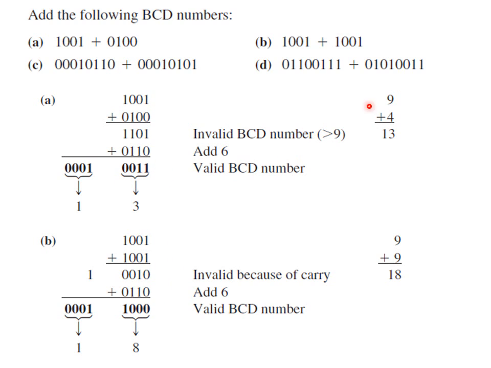Similarly, in the second example, 9 plus 9 is 18. If we perform binary addition, it becomes 10010. So 18 is not a valid symbol. 6 is added here, and after adding 6, it becomes 1 and 8.